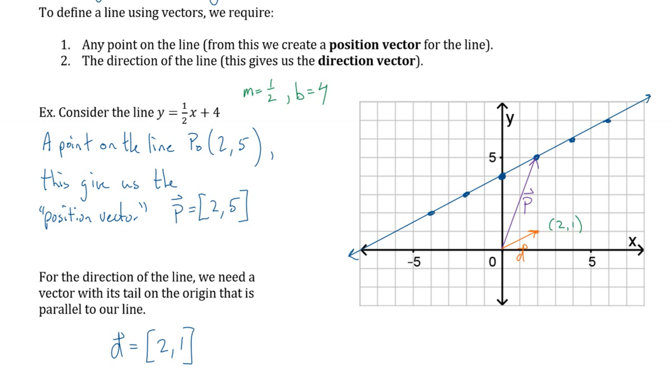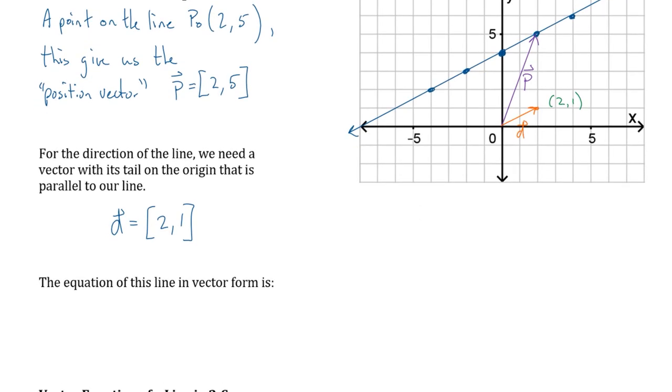And that means, here comes the notation, the equation of this line in vector form is, we write it like this, x comma y equals, we start with the position vector, and then t times the direction vector. So this is my position vector, and this is my direction vector.